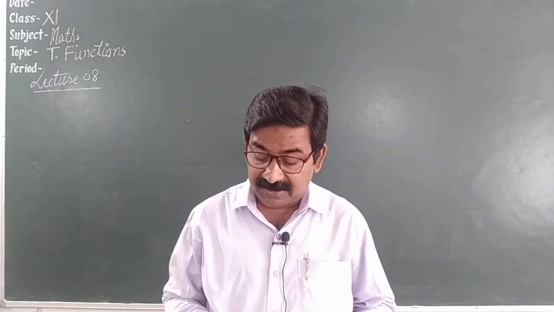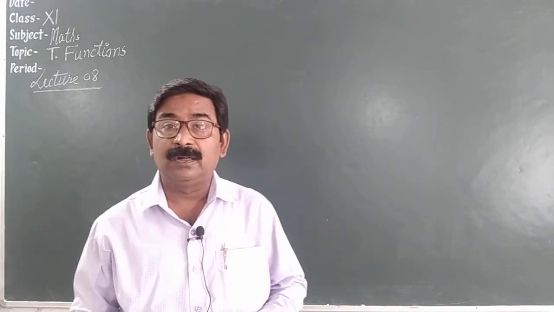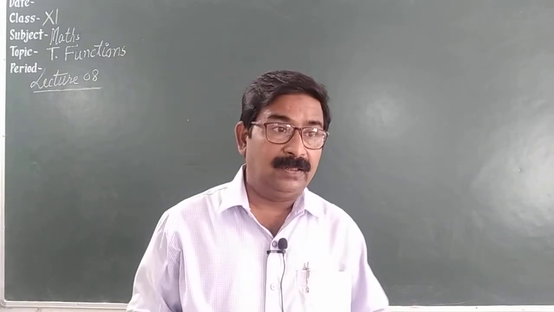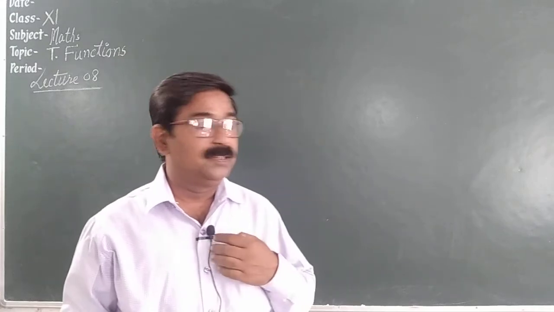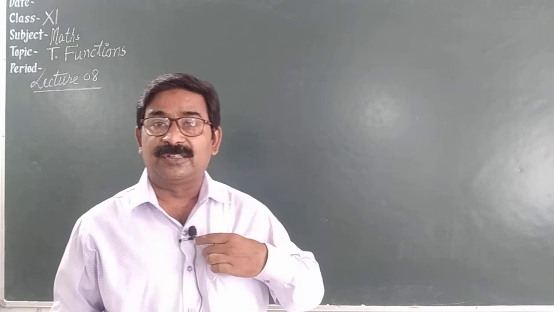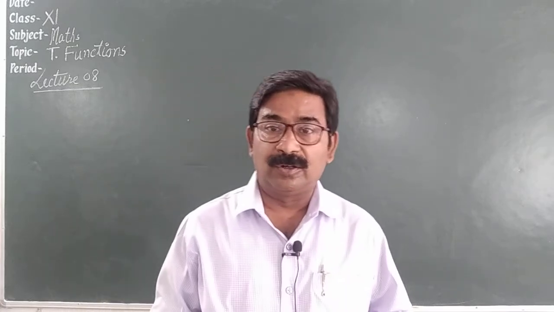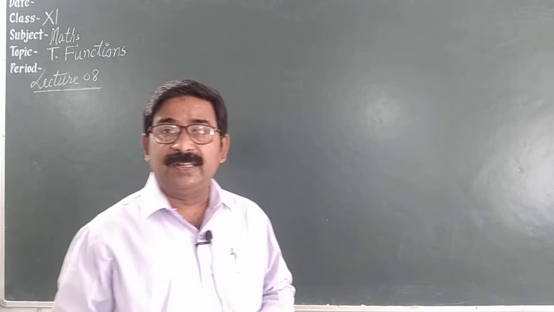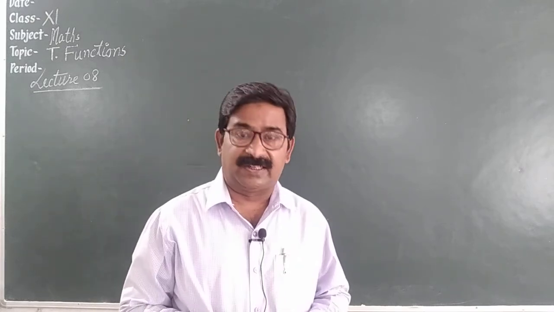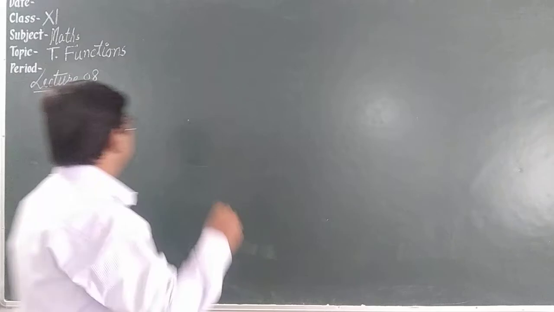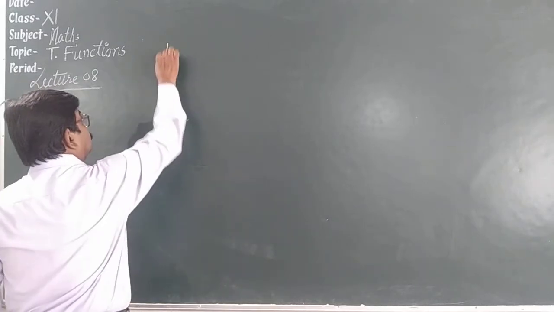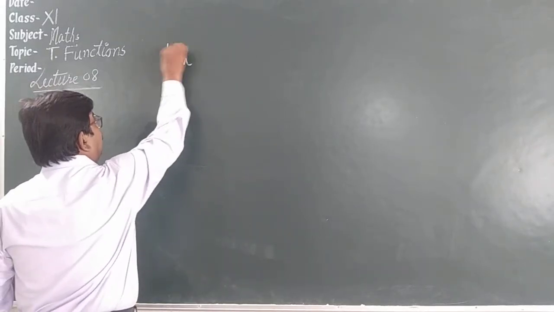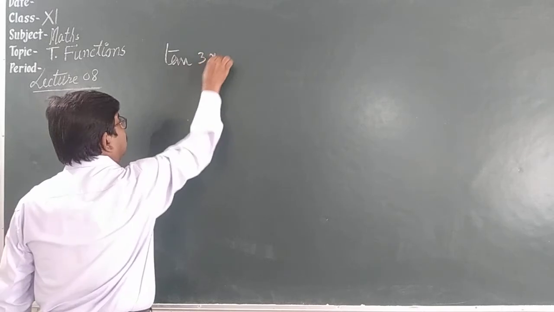In the previous lecture, I think you remember, I gave the idea how to find sin 3x, cos 3x, sin 2x, cos 2x, and others. Now today we will see the formula of tan 3x.